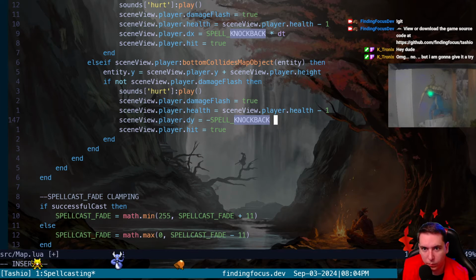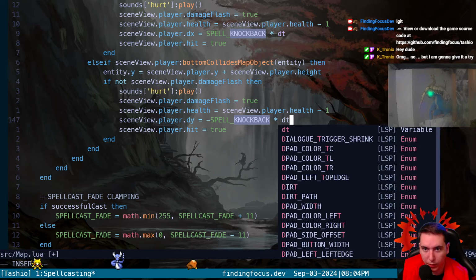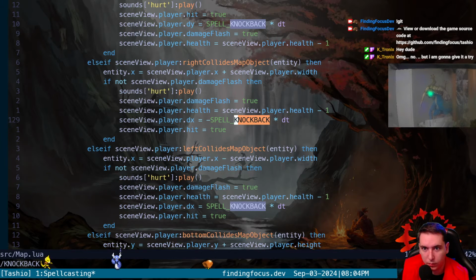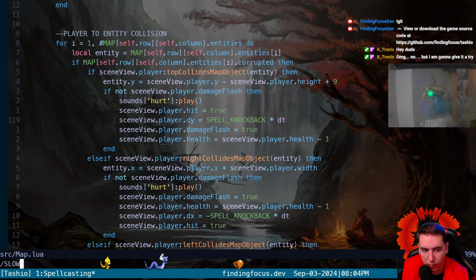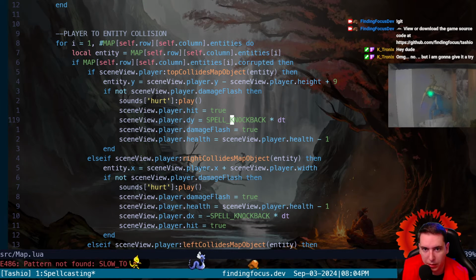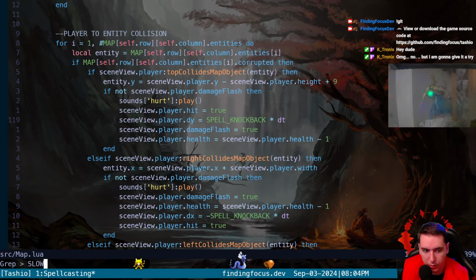Okay, well, we weren't scaling it based on a bottom collision. But our slow to stop must not be being scaled by delta time either.